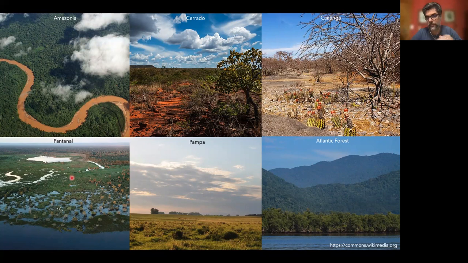The Pantanal, a flat area and flooded, seasonally flooded or year-round flooded in some areas. And then the Atlantic forest, which has, in addition to the forest itself, a major feature in the landscape, the mountains, especially the coastal mountains, as we can see here, the ocean and the coastal mountains, and the mangrove here. Okay, so then later on, we're going to look more deeply into each one of these biomes.